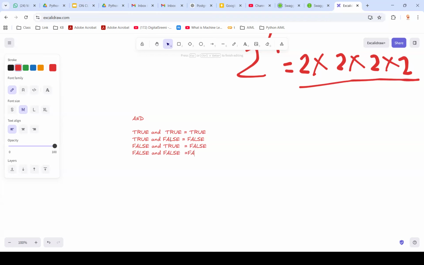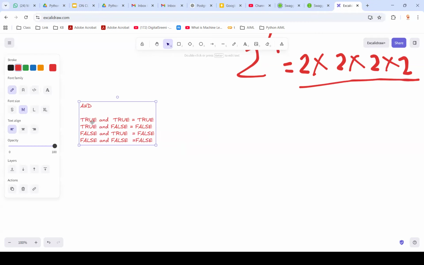So there will be only 4 cases; you cannot create any other case. If the first statement is true and the second is true, the overall answer will be true. First true, second false, answer false. First false, second true, answer false. First false, second false, answer false.